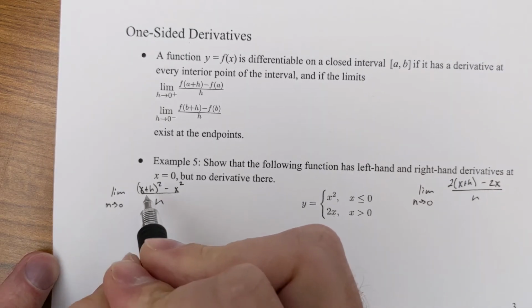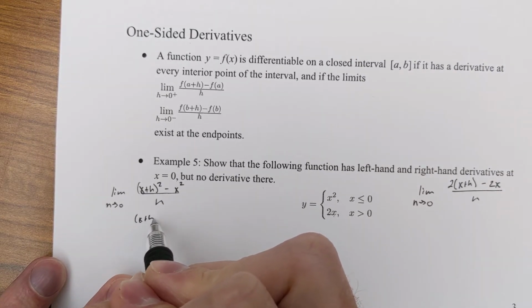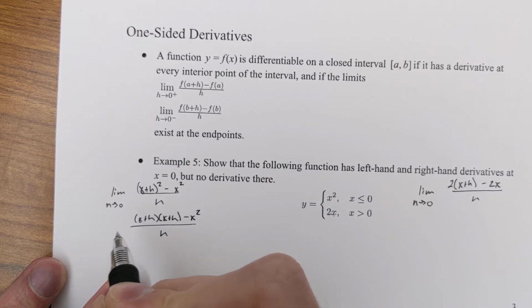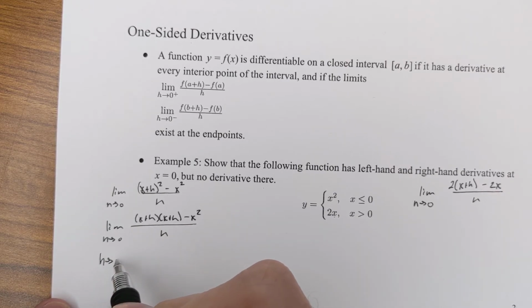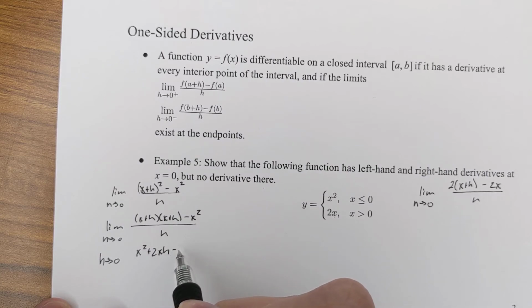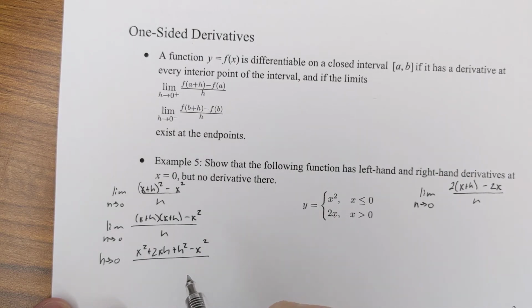So over here, that is actually x plus h times x plus h. When you have a quantity squared, 2 copies. So work the FOIL out. So that's x squared plus 2xh plus h squared minus x squared all over h. So the x squareds cancel.